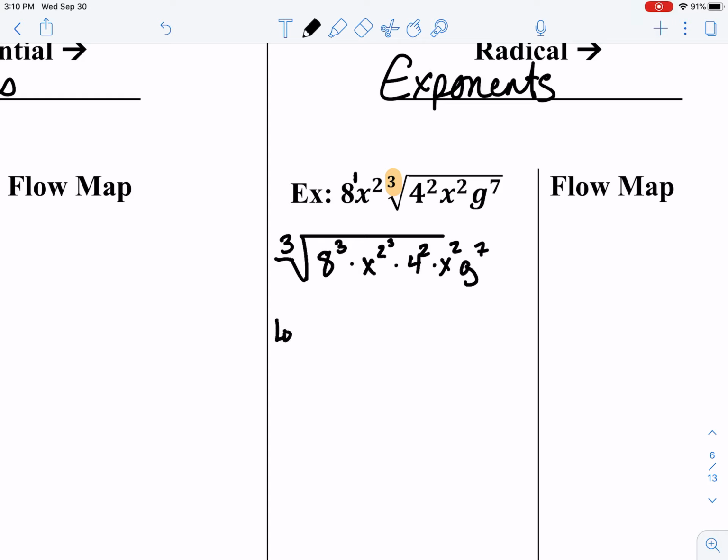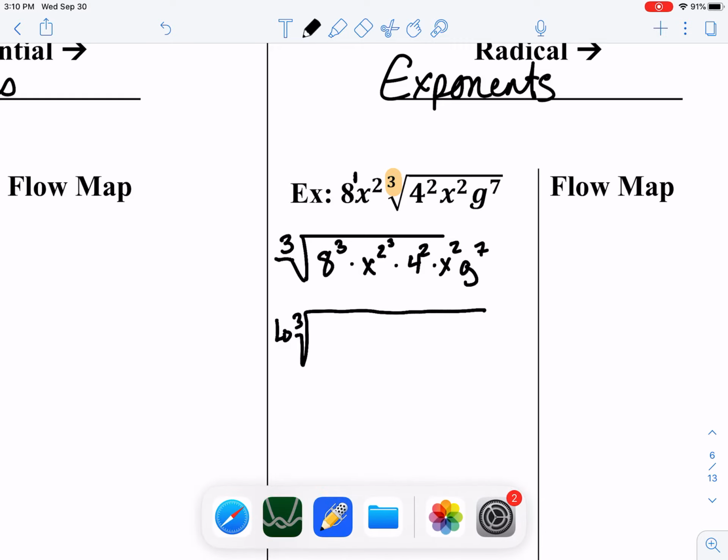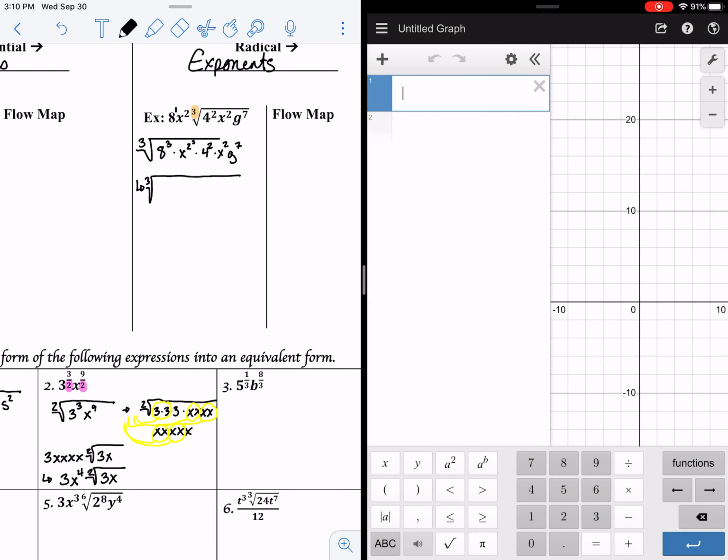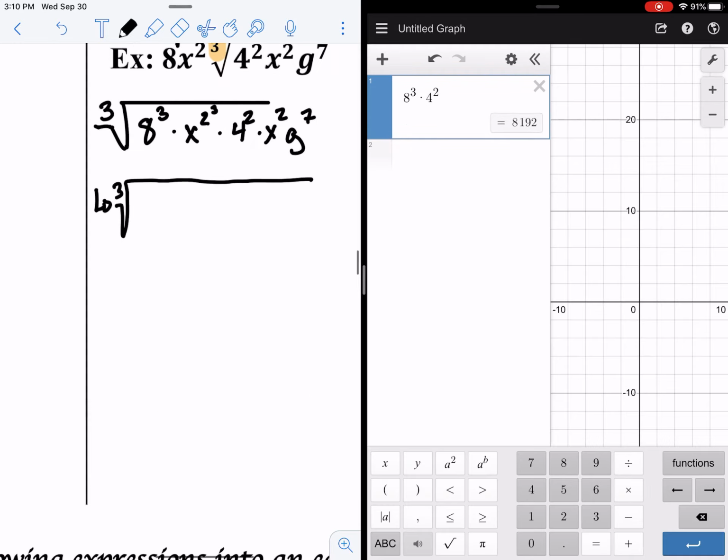I would then come in here and simplify all this stuff. So if I do 8 to the third power times 4 squared, I get the cube root of 8192.